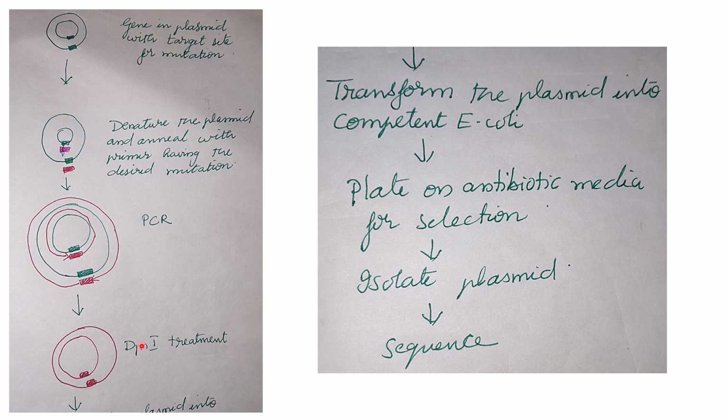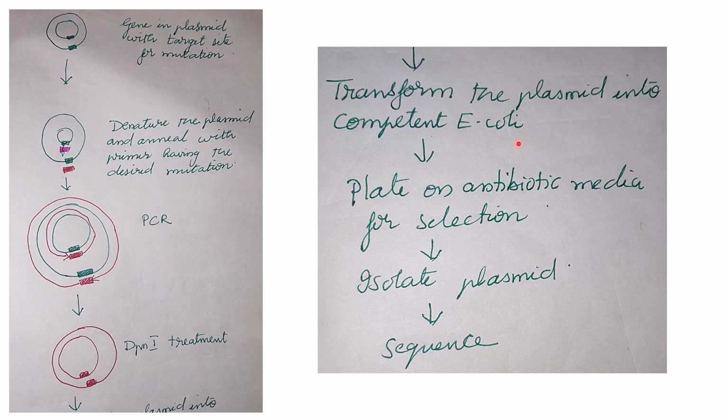So this template plasmid can be treated with DpnI. DpnI will digest the methylated plasmid DNA. So what do you get as the result? The methylated plasmid DNA will be digested, and of the remaining, the plasmid which has the point mutation will be present. Now you take this plasmid and transform it into competent E. coli cells. The cells will replicate the plasmid.